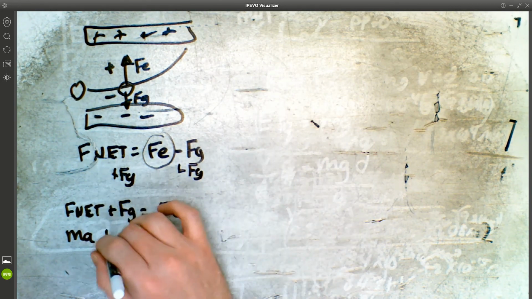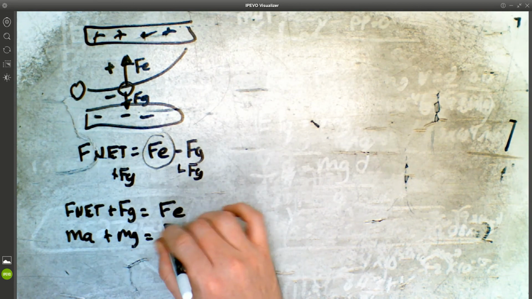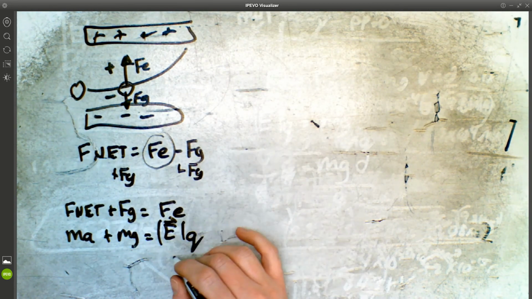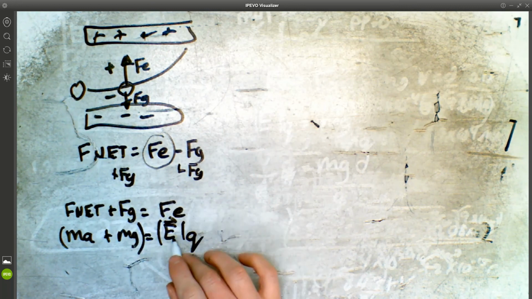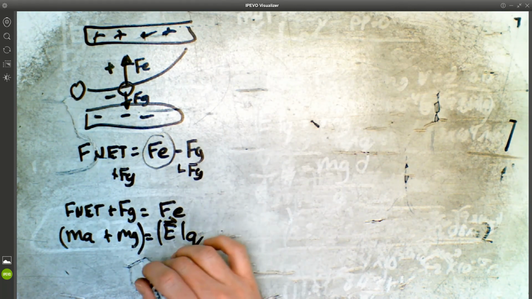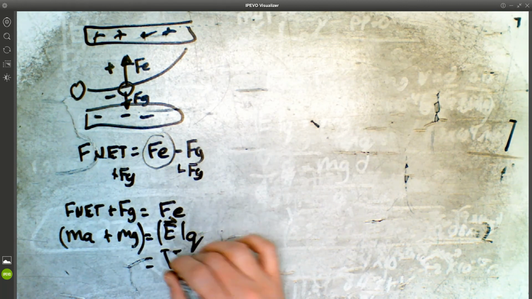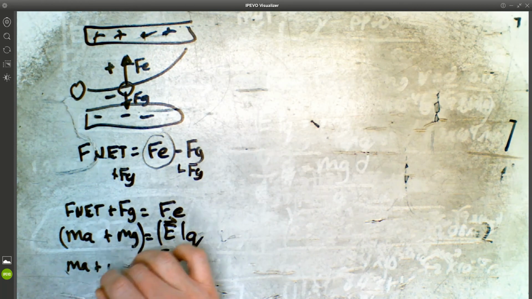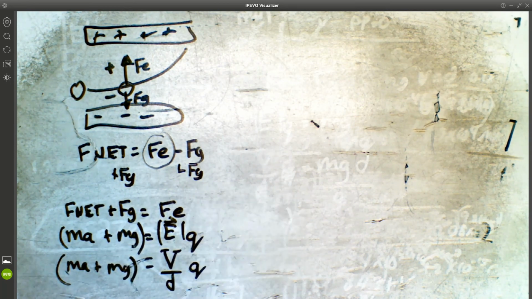This is ma, this is mg, this is Eq, and then we're trying to find this. Well, actually, let me break down Eq into voltage over distance. Right, so I'll move this distance up top and this q down below.